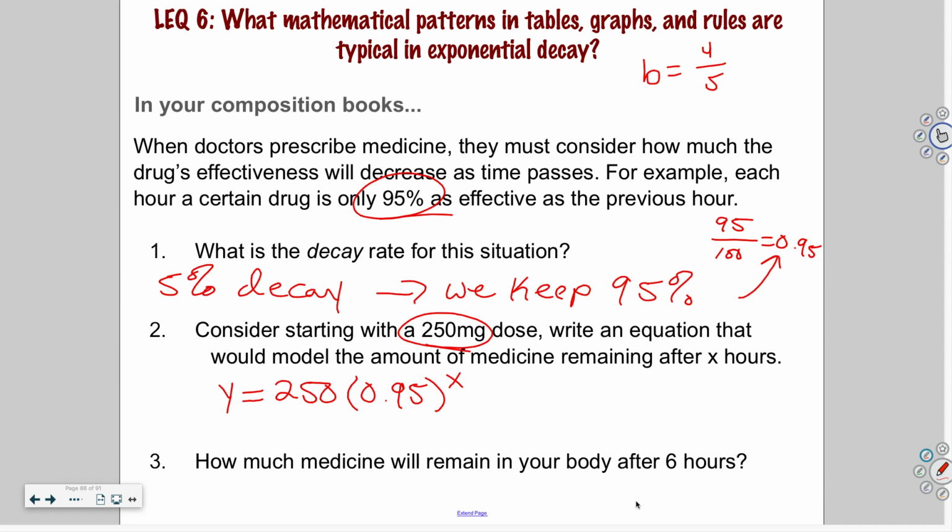So looking at this equation, what does 250 represent?